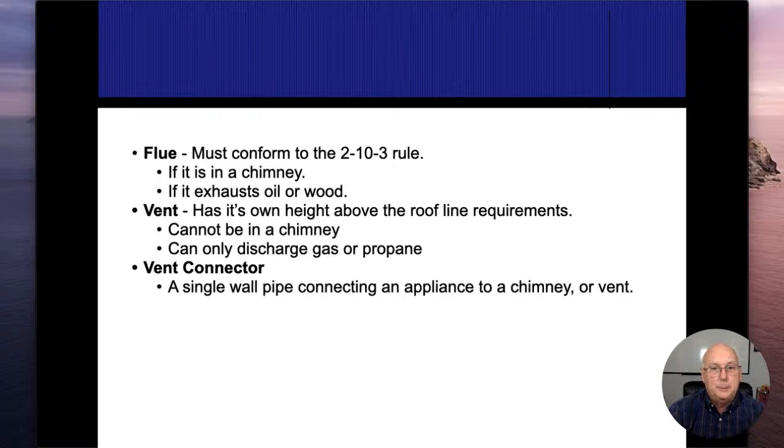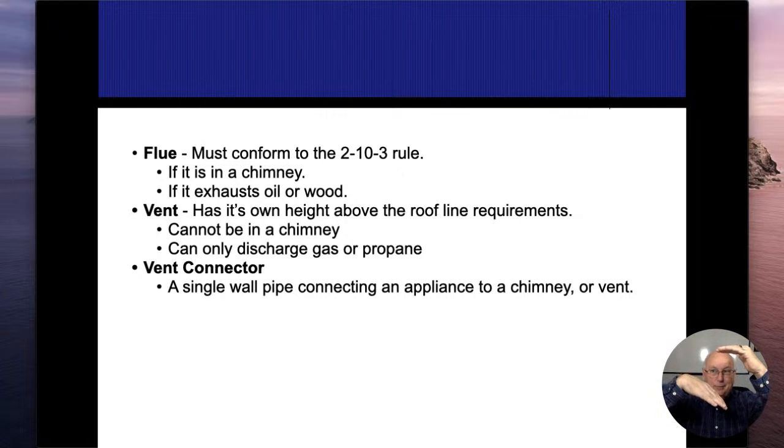So in other words, it has to be 2 feet higher than anything within 10 feet of it, and the minimum height above the roof line has to be 3 feet. All right. So 2 feet higher than anything within 10 feet. But if this is my roof, I have to be at least 3 feet off the highest end of that roof.